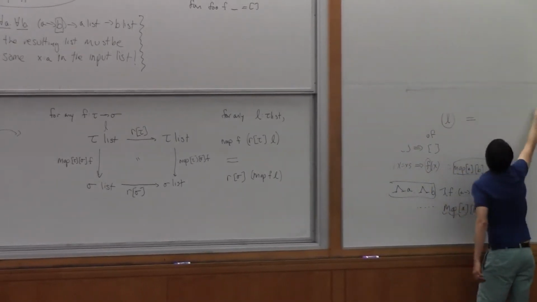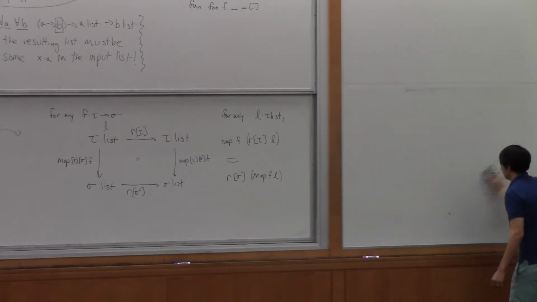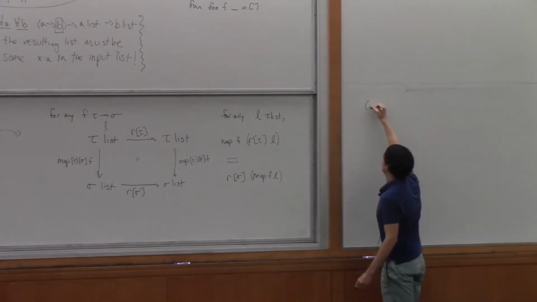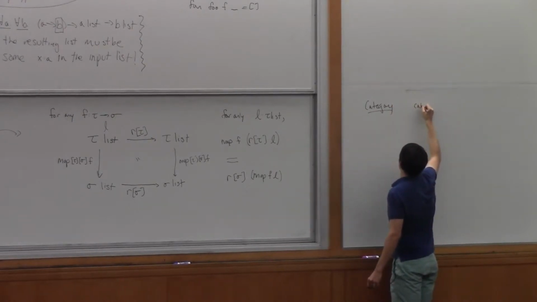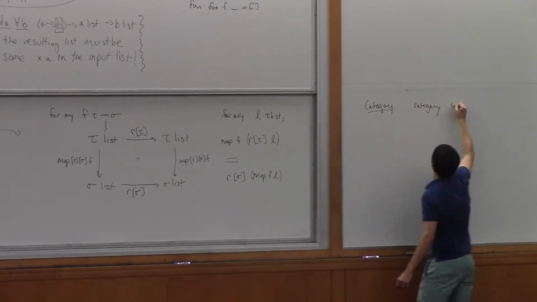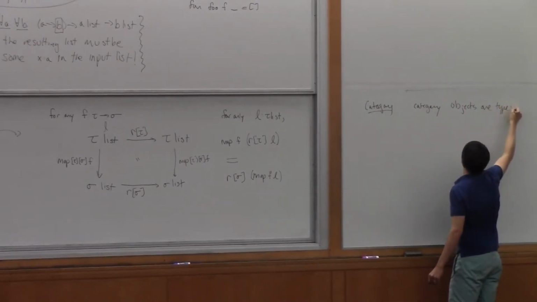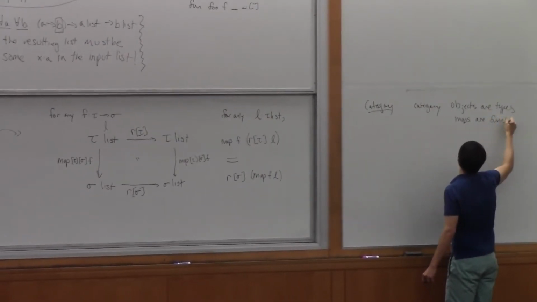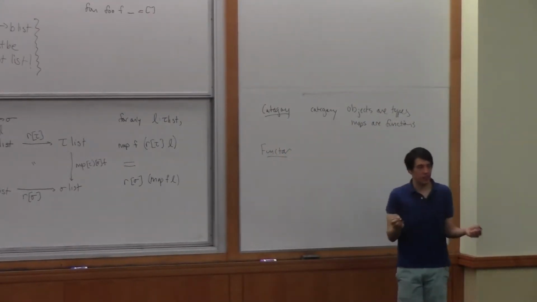So what we just said is that yesterday Ed introduced the notion of a category, and in particular the category whose objects are types and whose maps are functions. And then the idea of a functor, which was a map between categories.